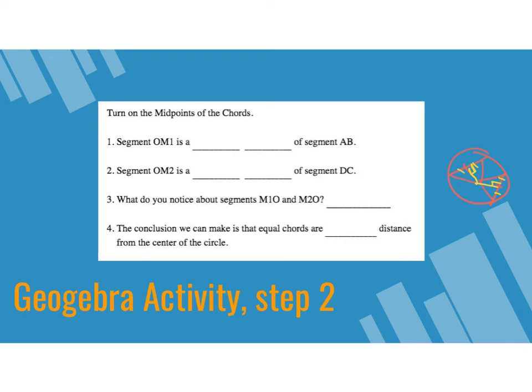So we can say that that segment is a perpendicular bisector. And the same thing is happening in the other triangle. And as you move them around, you'll notice that the measurements next to them always stay the same. So they are always congruent.